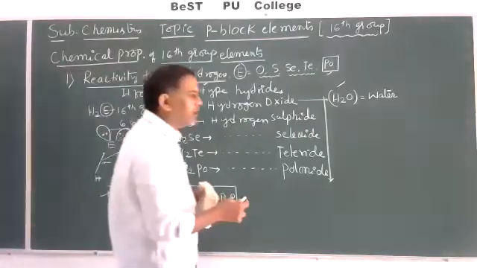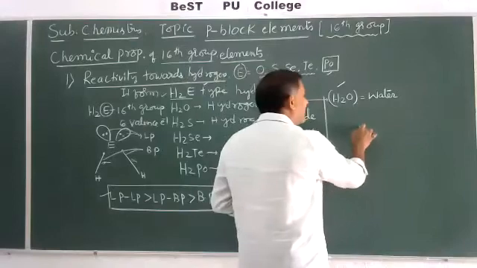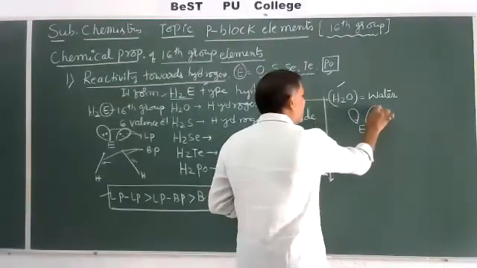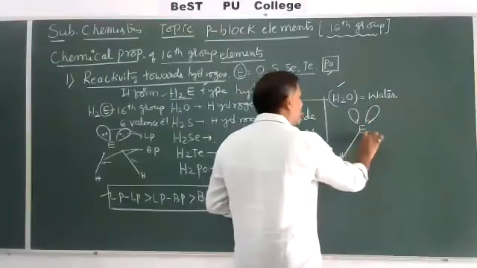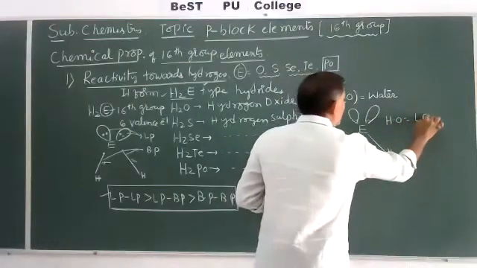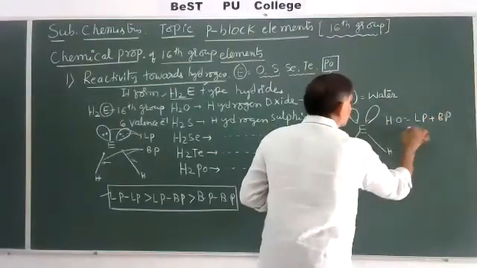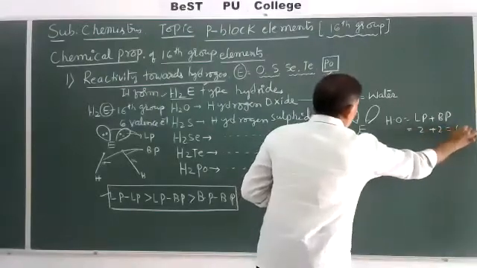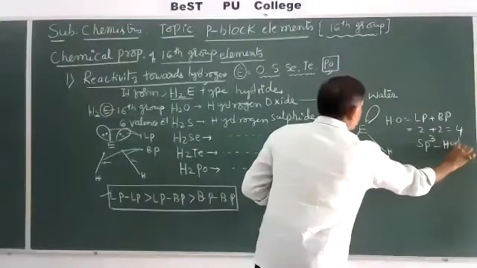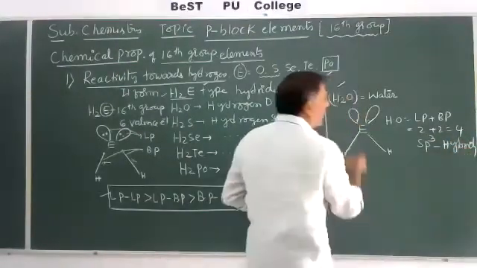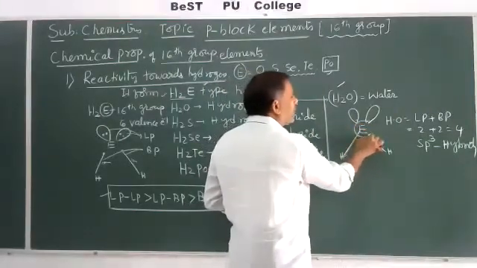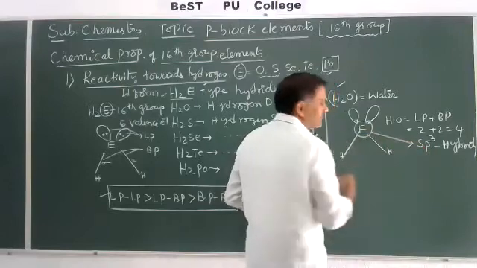Why sp3? Because E has 2 lone pairs and 2 bond pairs, so hybrid orbitals for a neutral molecule are lone pairs plus bond pairs, 2 plus 2, 4. That's why sp3 hybridization.